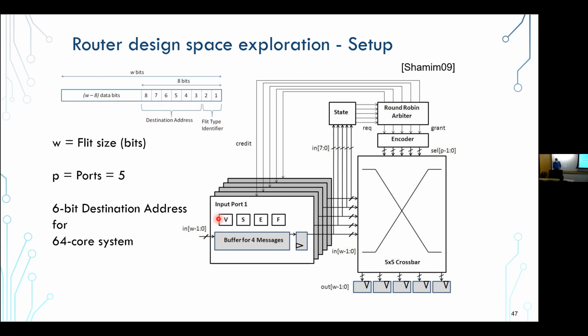In this case, we have the buffer for 4 flits that you can keep in any of the input VCs. And then from the input ports, you have to read off the state of each of the input ports, which is a request: where do I want to go among the output ports?